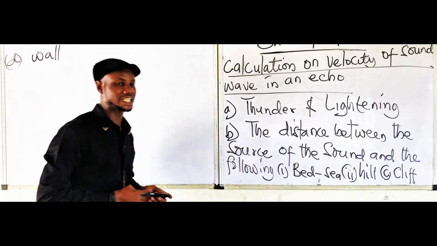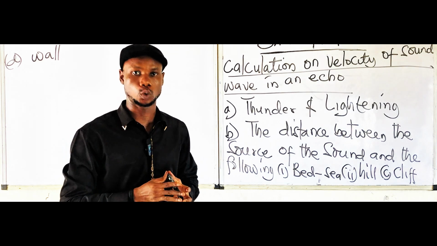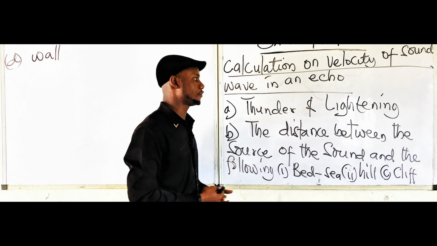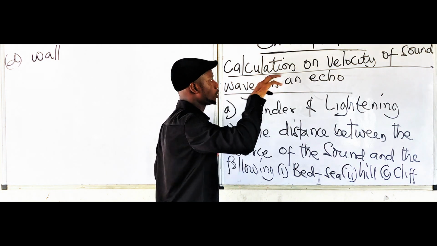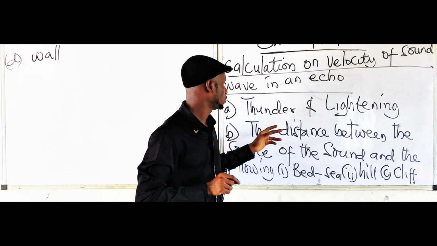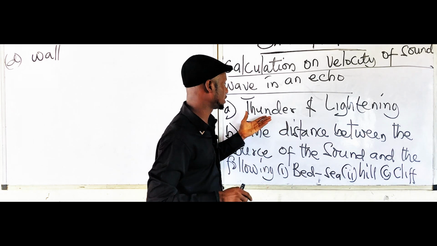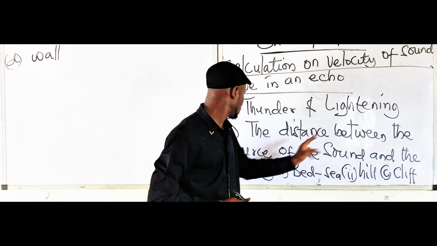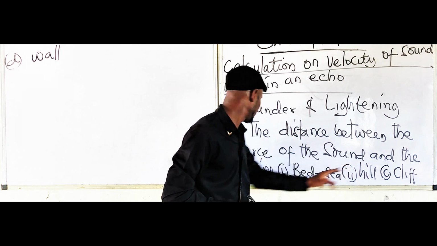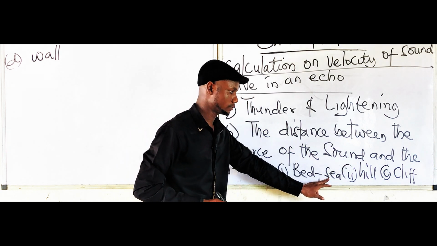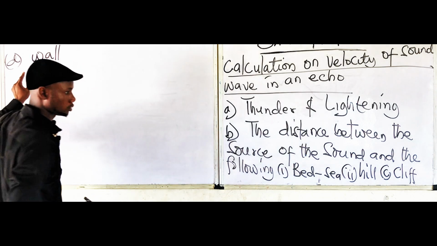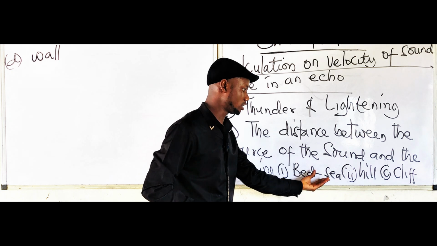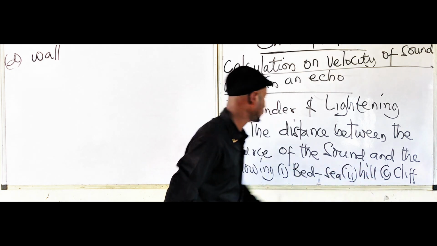Now this is how we can understand a particular question on echo. Whenever we have any question on sound wave and we see words like thunder and lightning, or there is a distance between the source of the sound and the following here, sea bed, hill, cliff, and also wall, it might either be the distance between the source of the sound and the sea bed, or hill, or cliff, or wall.